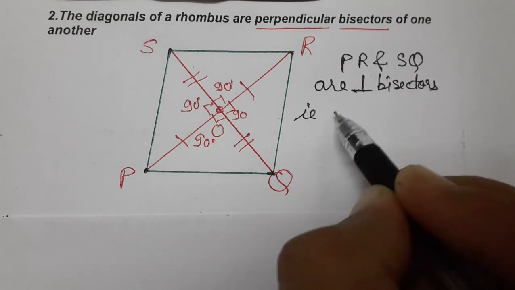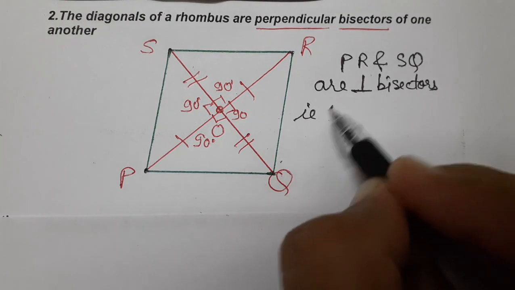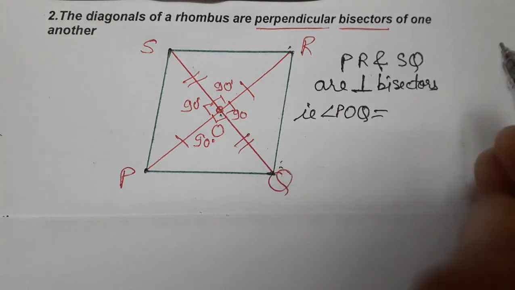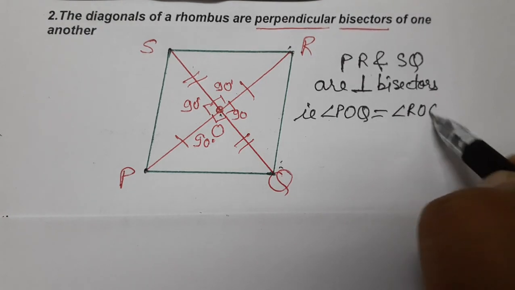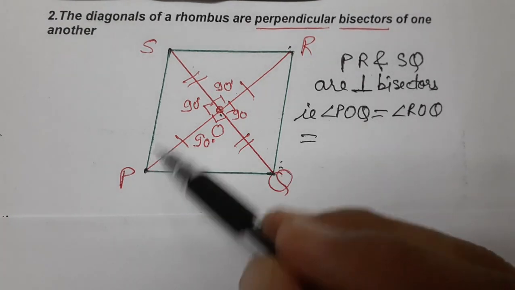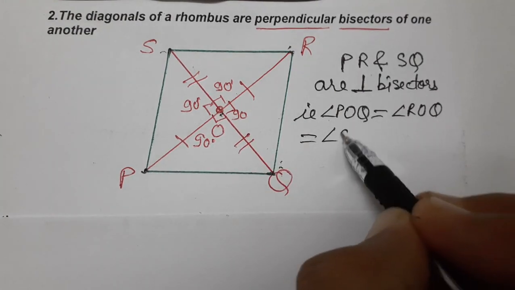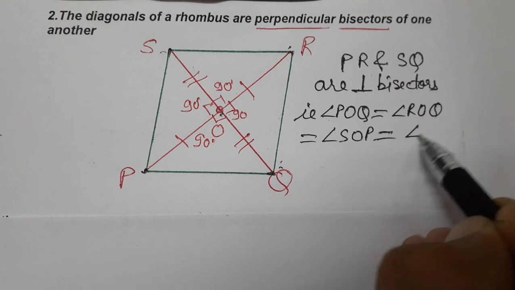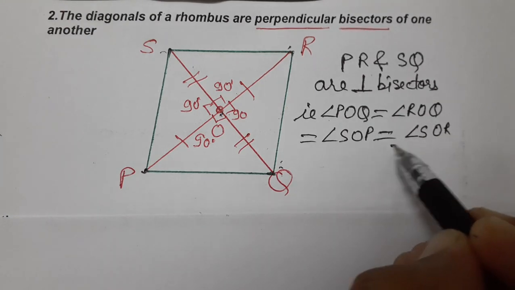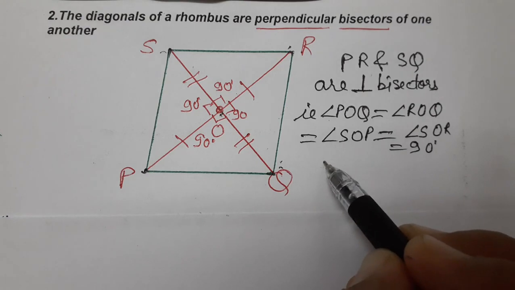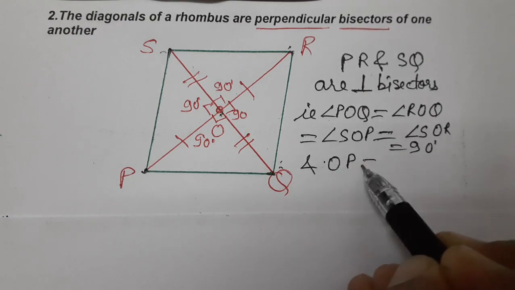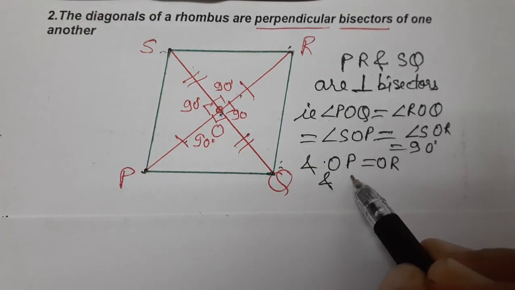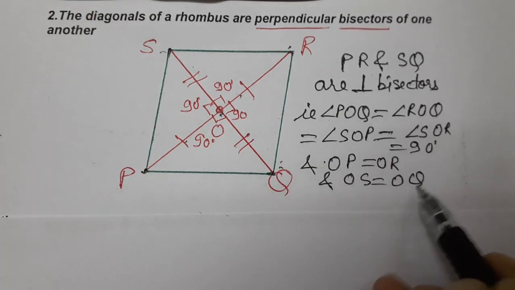That is, angle POQ equals angle ROQ equals angle SOP equals angle SOR. All angles are 90 degree, and OP equals OR, diagonals bisect also. So OP equals OR and OS equals OQ.